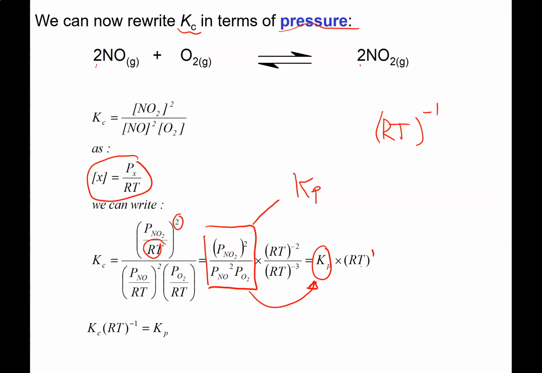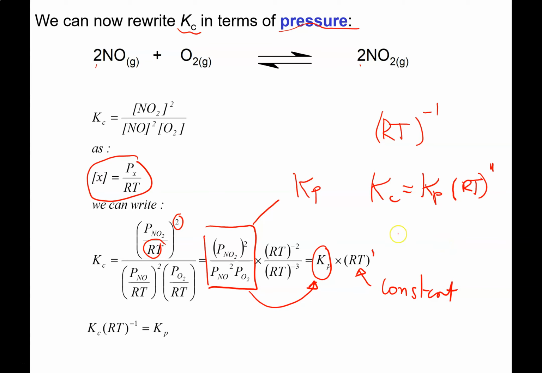So times RT, that's just a constant. What we've got there is Kc equals Kp multiplied by RT to the power 1.